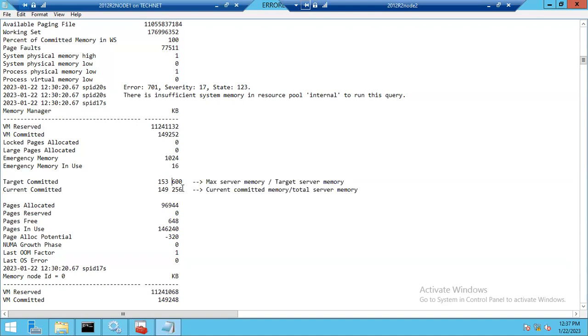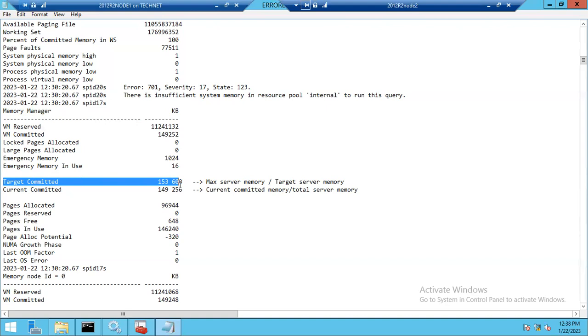So SQL is just utilizing 153 MB. SQL Server max server memory is configured around 153, whatever it is. Target committed is 153 MB. Because of that, SQL doesn't have enough memory to start up.